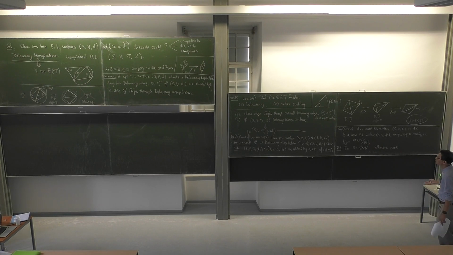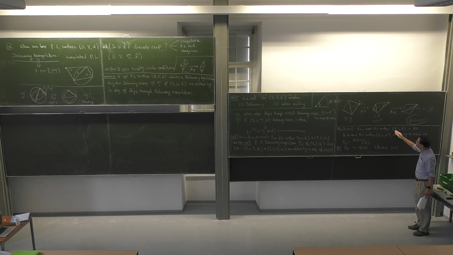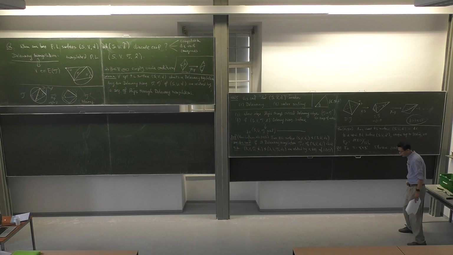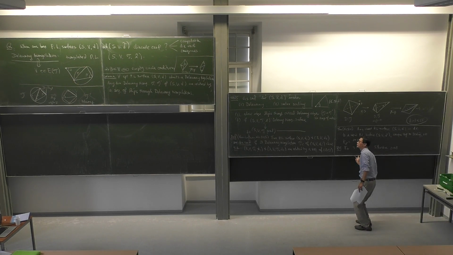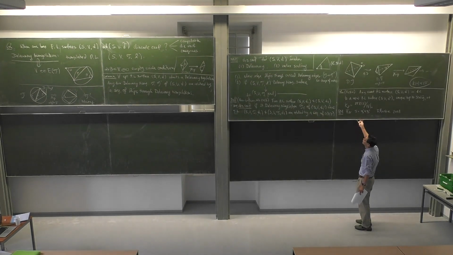Okay, so I'm not going to talk about the proof of it, but I really want to see what happens in the non-compact case. Really, what happens if your surface is any connected polyhedral surface, whether we can say something about this discrete conformal geometry.